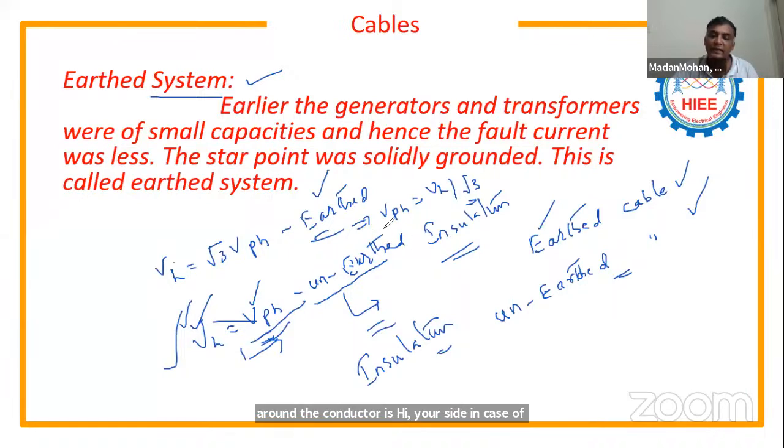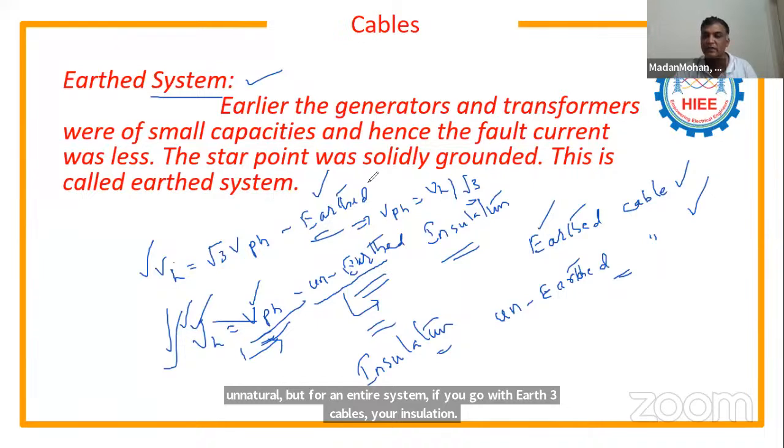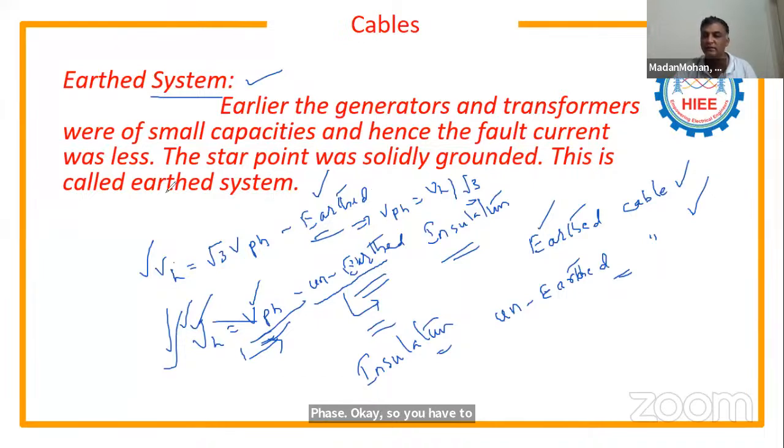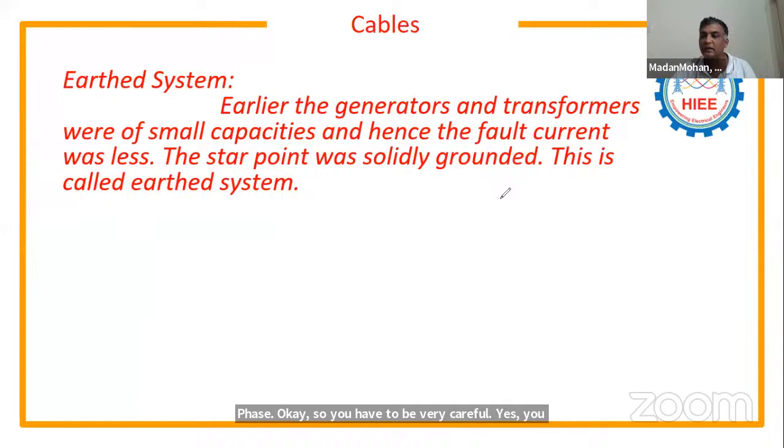So you should be very careful and very cautious, because for an earthed system you can go with unearthed cables, but for an unearthed system if you go with earthed cables, your insulation fails. So you have to be very careful about where you have to go with the earthed cables and where you have to go with the unearthed cables. That is very important, guys.